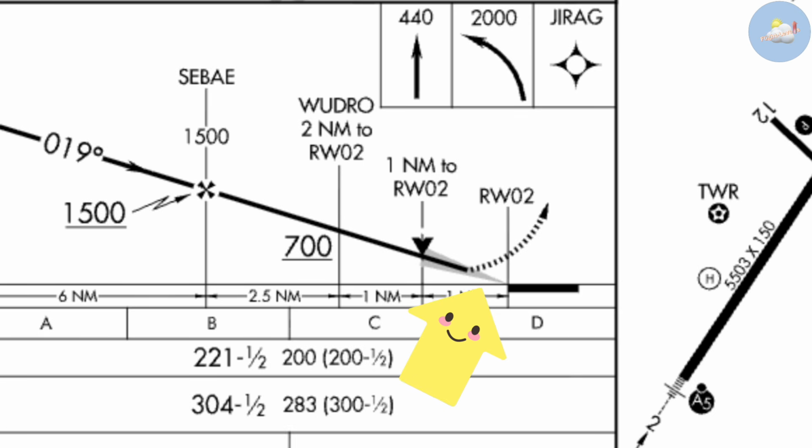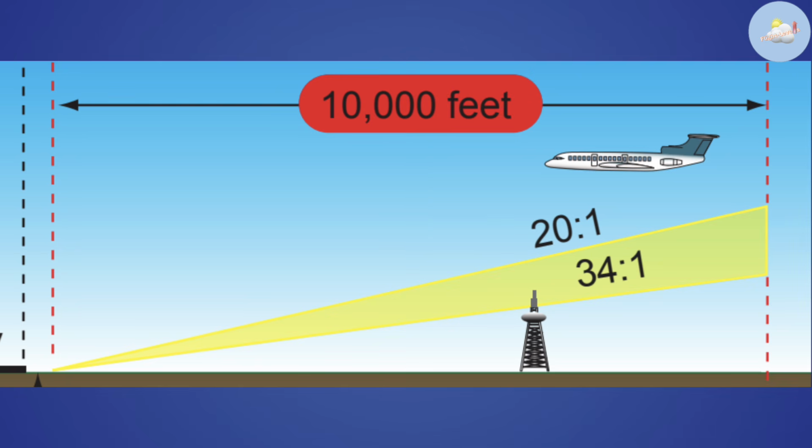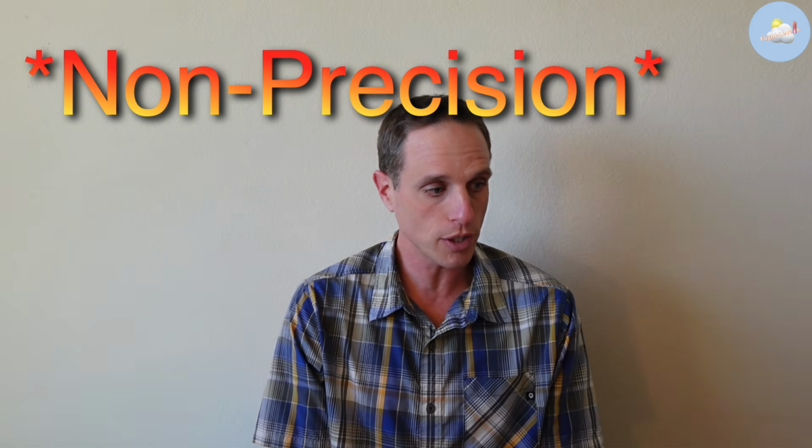The inclusion of both this VDP and this light gray arrow means that when the evaluators went out to Sacramento Executive and put out those two slopes, there were no obstacles penetrating either the 34-to-1 slope or the 20-to-1 slope.